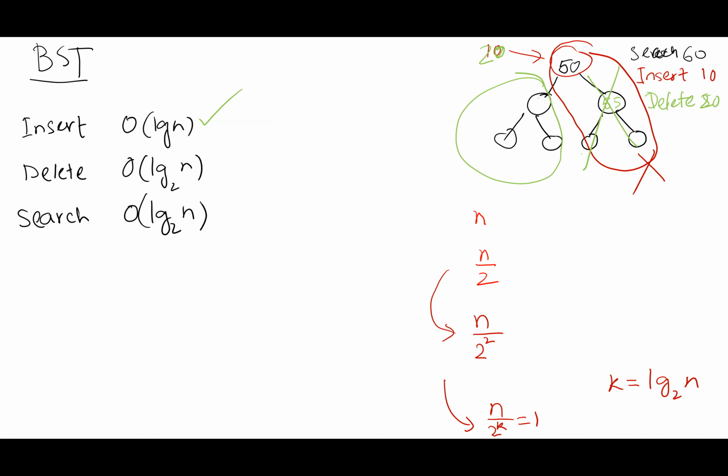So insert, delete, and search all become order of log n. Here is the one thing: this is only true if the tree is balanced.